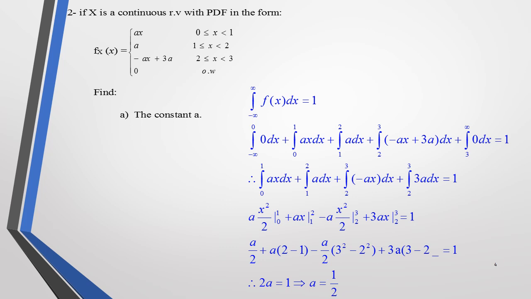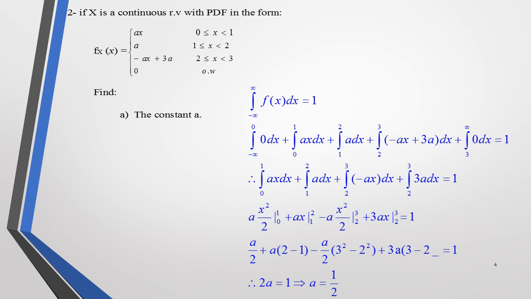For example, f(x) is defined as ax if x lies between 0 and 1, and defined as a if x lies between 1 and 2, and defined as negative ax plus 3a if x lies between 2 and 3, and defined as 0 otherwise, which means this PDF equals 0 if x is less than 0 or x is greater than 3.